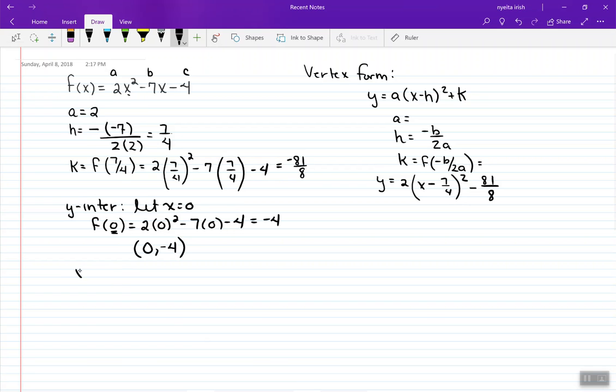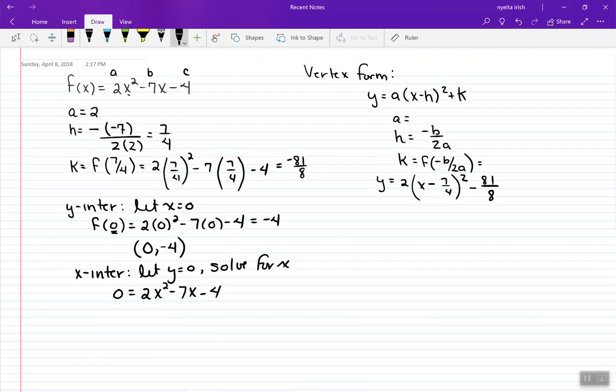To find an x-intercept, you let y equal 0, solve for x. All right, so if I let y equal 0, I have a quadratic equation that I need to solve. I have two options.